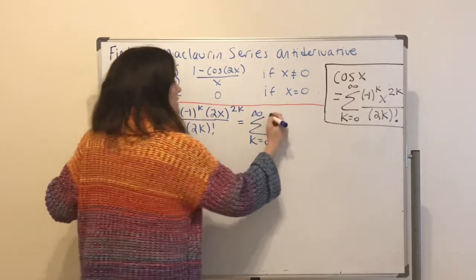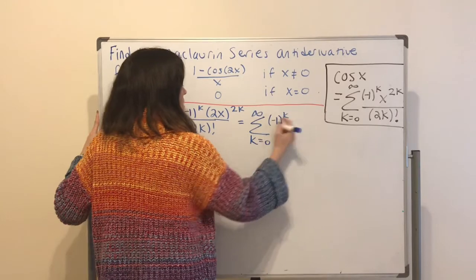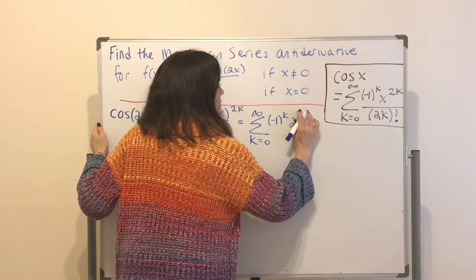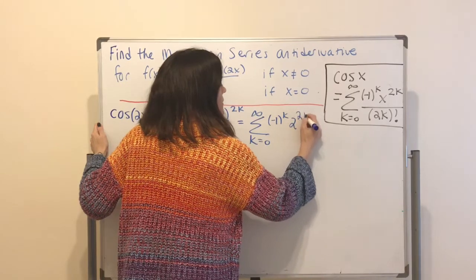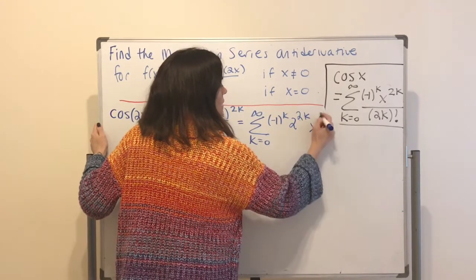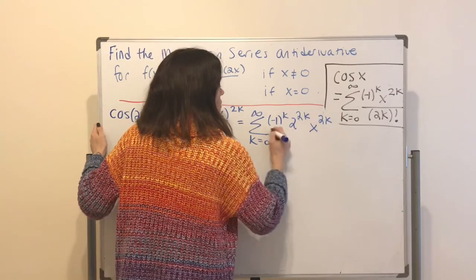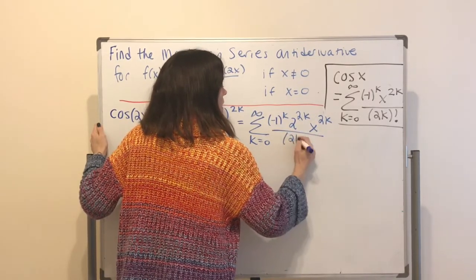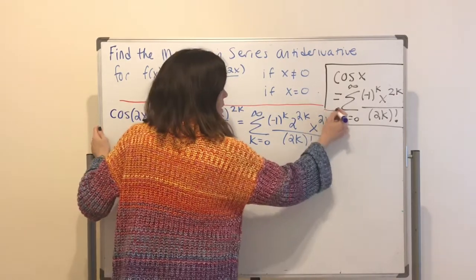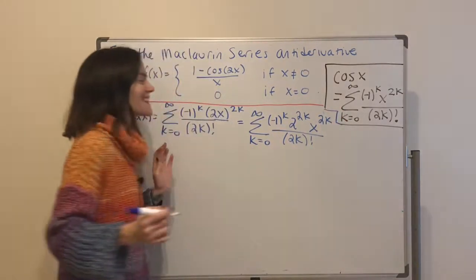This will be a minus 1 to the k, times 2 to the, well, maybe I'll write it here and I can simplify later, and then we have x to the 2k over 2k factorial.